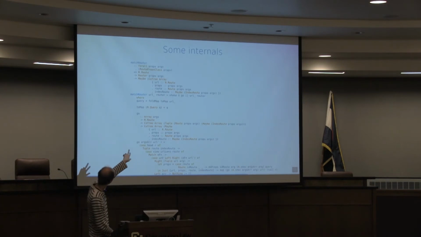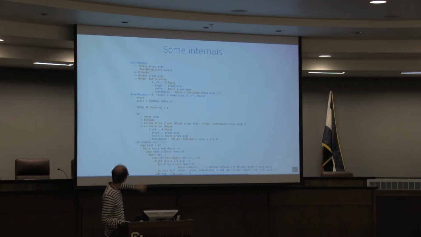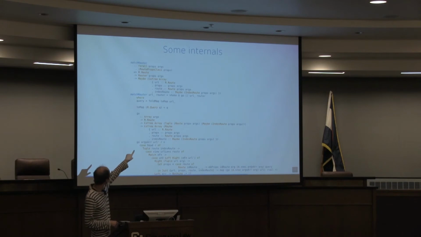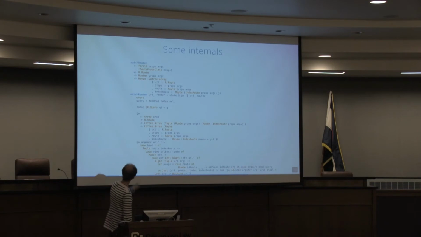I've hidden the shake function in this definition. It's not important. The more important thing that I want to speak about is the go routine, which is a kind of recursive function that goes through the Cofree array comonad, and basically unwraps what it needs to unwrap, and then it runs the matching function against the URL that we have.